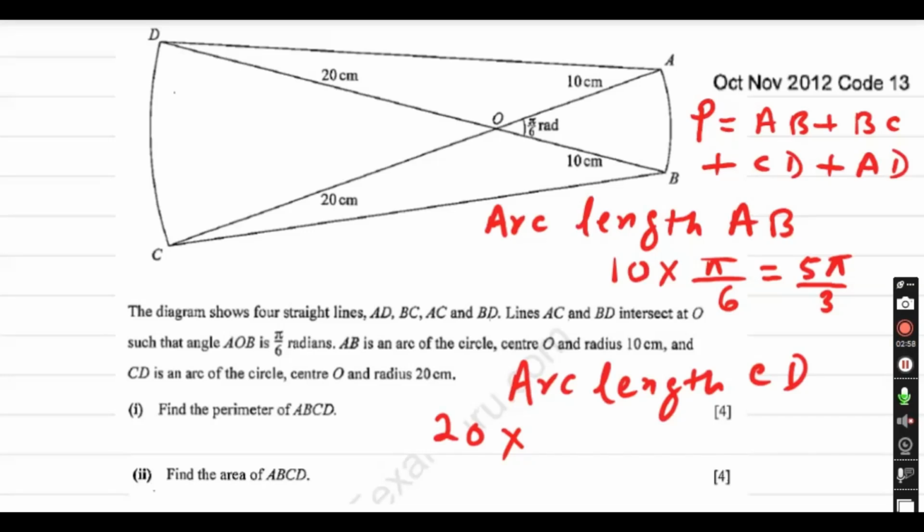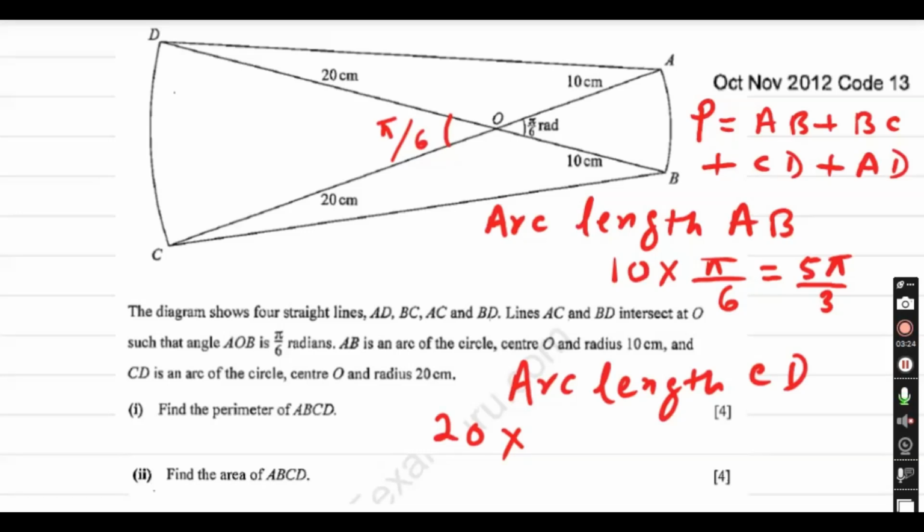As you know, in this question the lines AC and DB intersect at point O, and the concept of geometry says the vertically opposite angles are equal. So if angle AOB is pi by 6, then angle COD is also pi by 6.